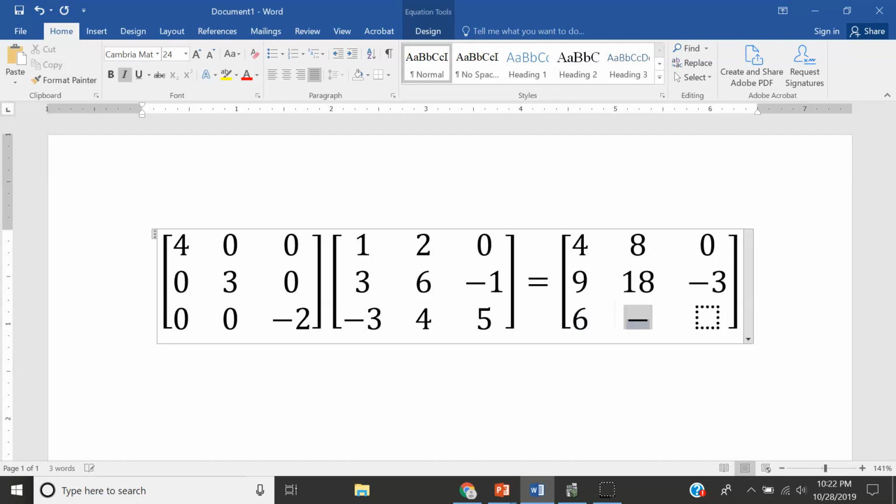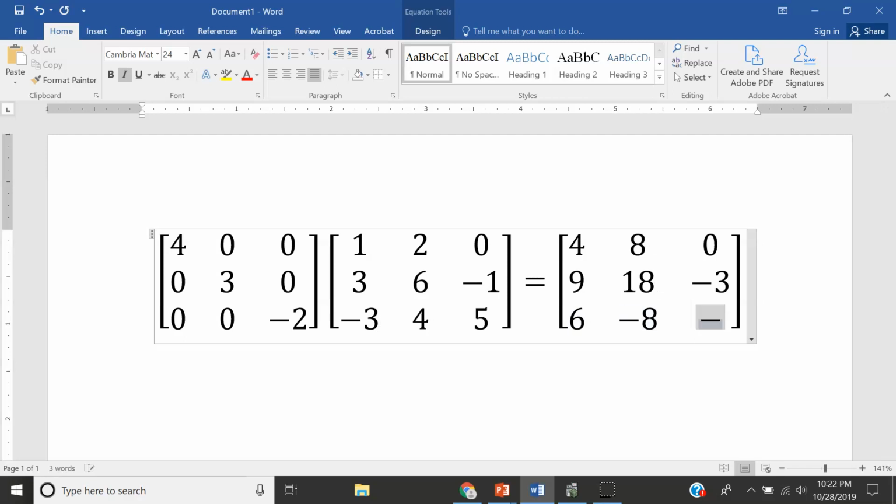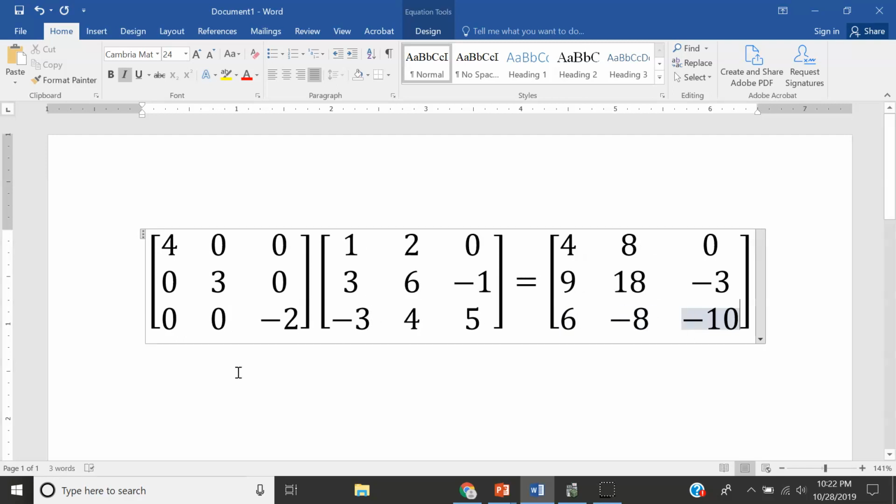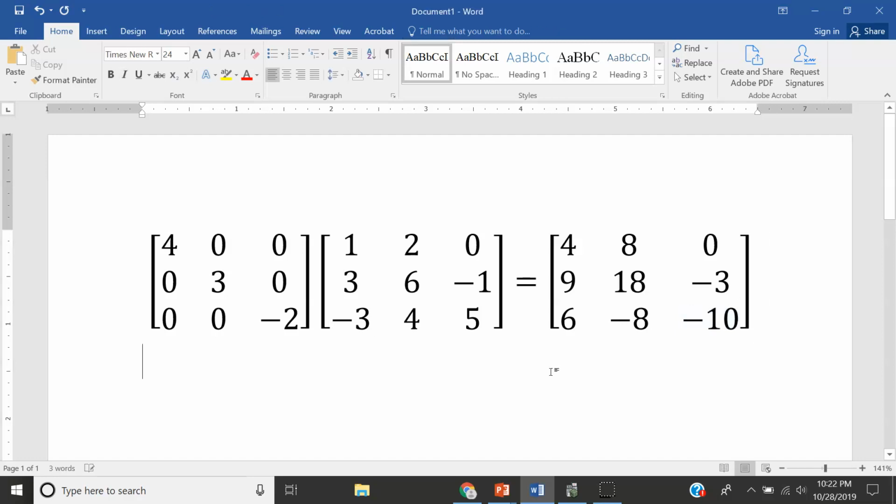So you get 6, negative 8, negative 10. So a diagonal matrix is really nice to multiply by. If you're multiplying on the left by the diagonal matrix, we're just taking each row and multiplying it by the diagonal entry in the row itself.